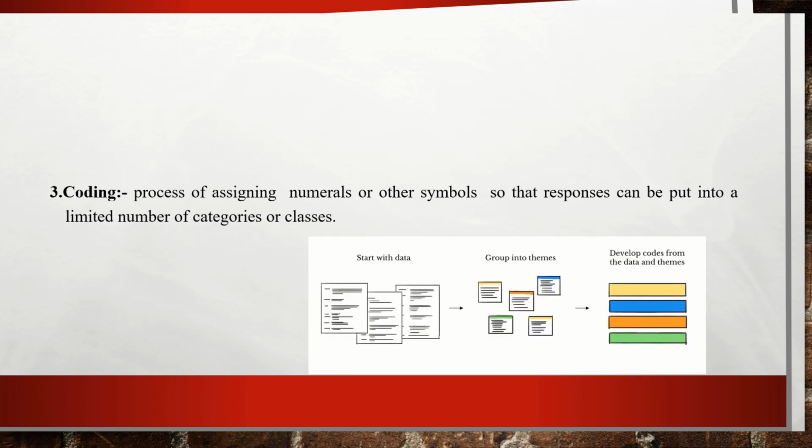The next step is coding. It is the second step. Coding is the process of assigning numbers or other symbols so that the responses can be put into a limited number of categories or classes. So coding helps to give different code numbers or symbols to classify the data.